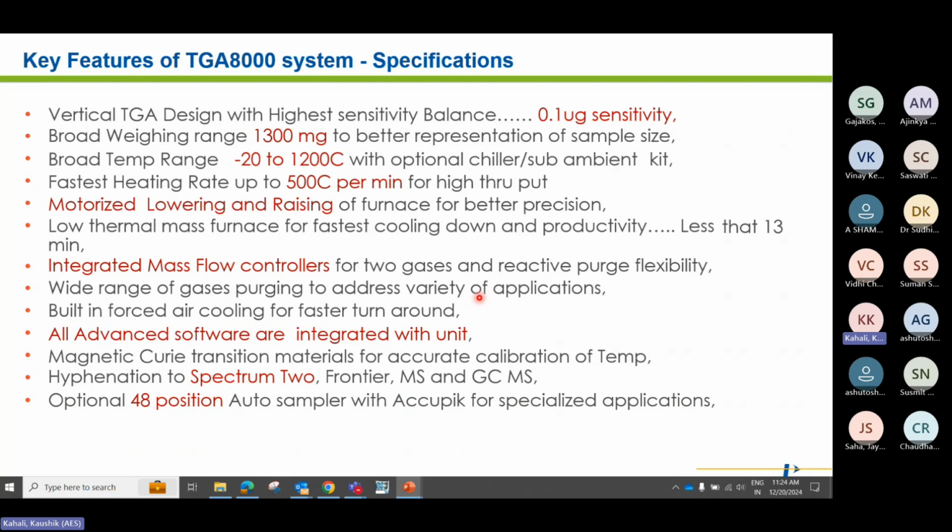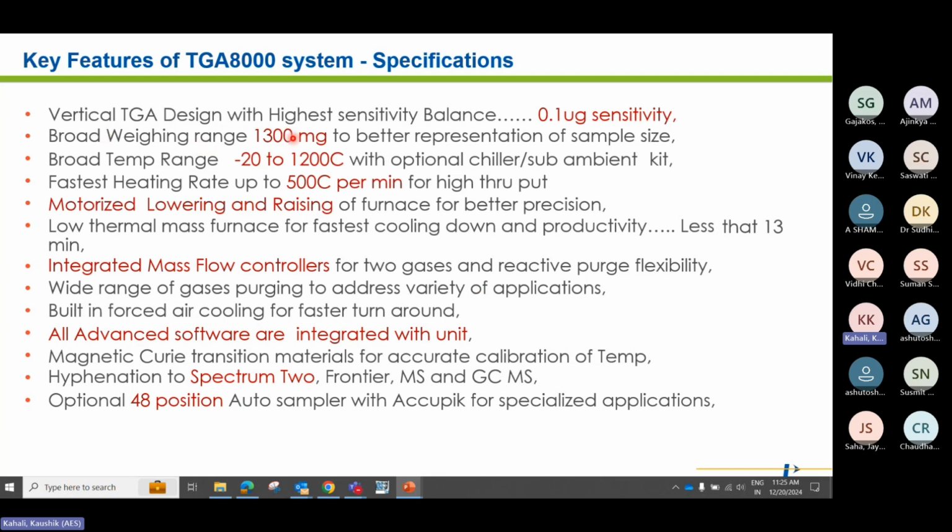It is not possible to monitor those trace level changes of moisture with a system where the balance sensitivity is around 1 microgram, because the change comes in the first decimal of a microgram, that is less than 1 microgram. So you need a system which can measure changes in the range of 0.5, 0.6 microgram weight.